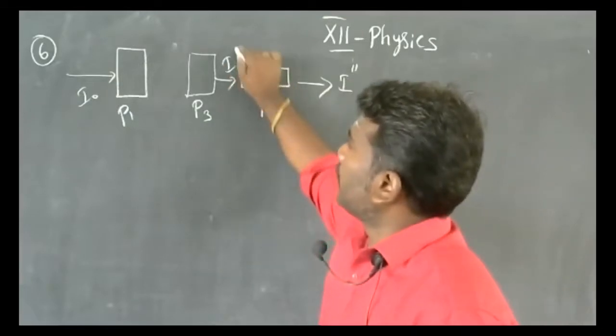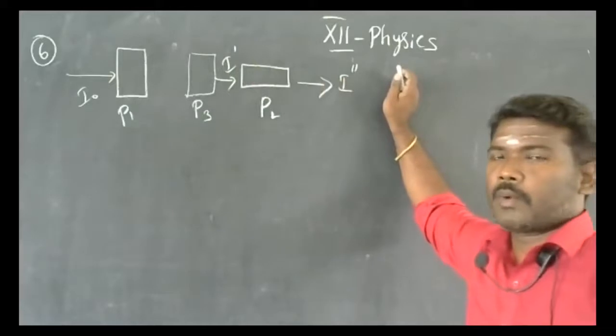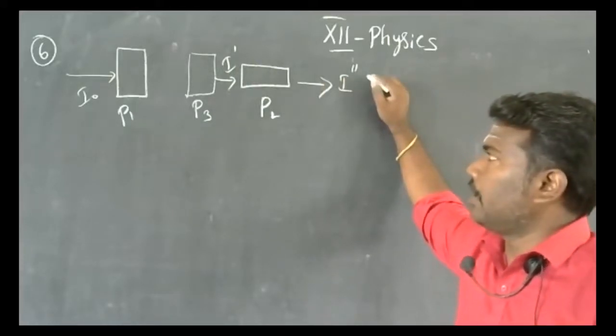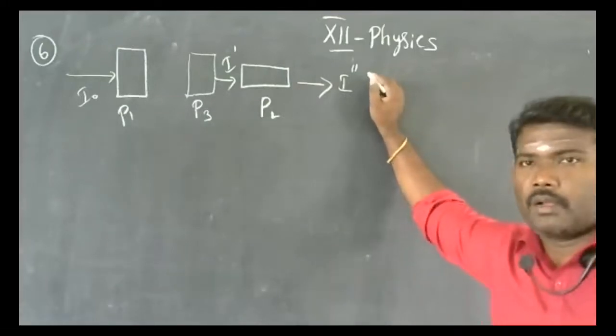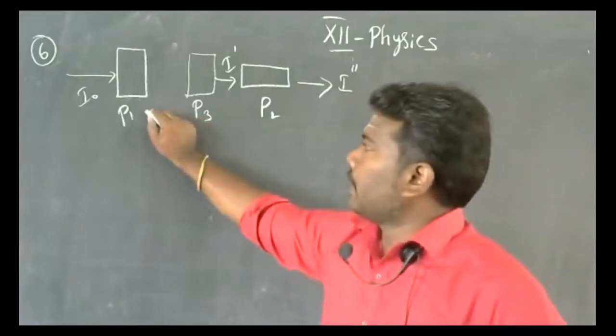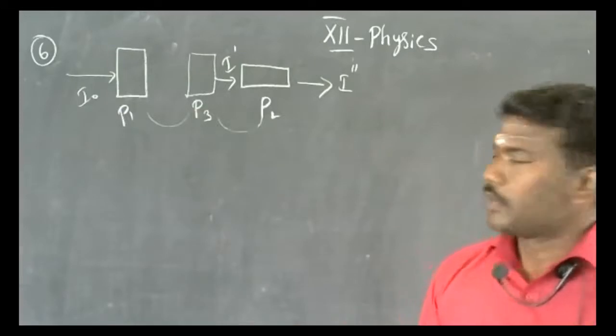I am taking I dash as the intensity of the light emerging from polaroid 3, P3, and I double dash is nothing but the intensity of the light emerging from the whole arrangement. We don't know the angle between P1 and P3 and between P2 and P3.